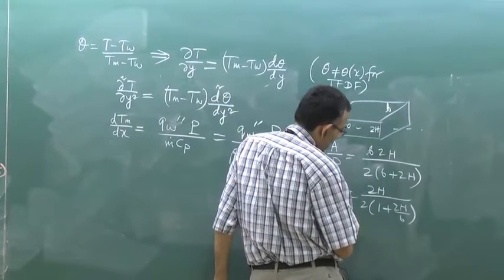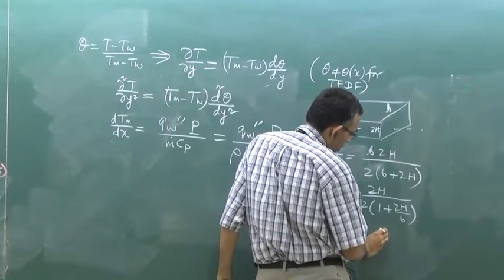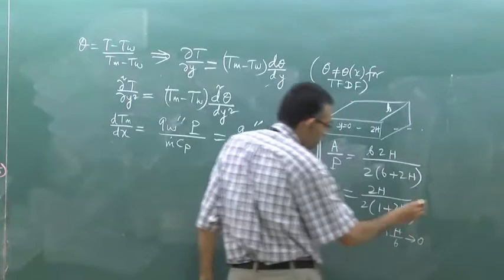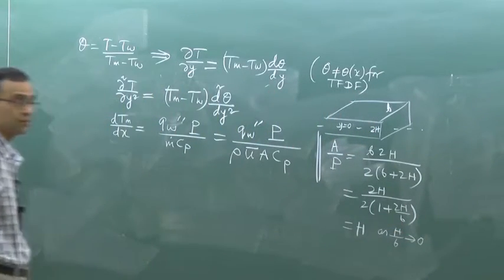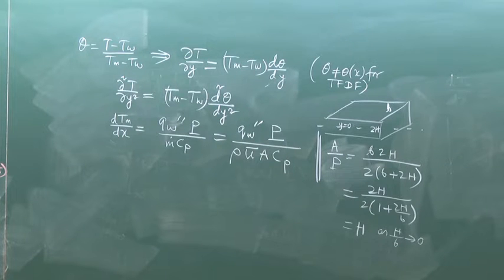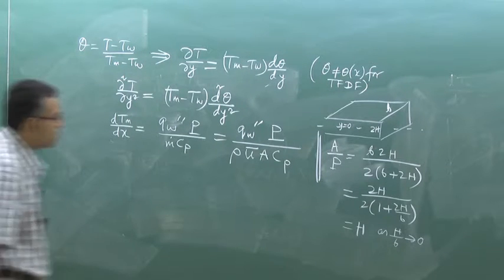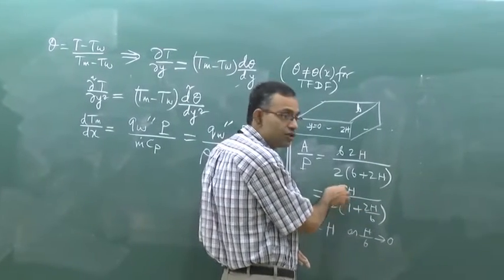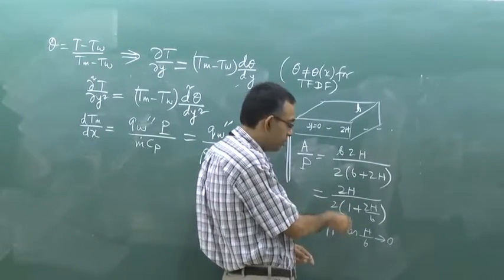As h by B tends to 0, this term is 0, this term is 1 and these two get cancelled. So it becomes h.